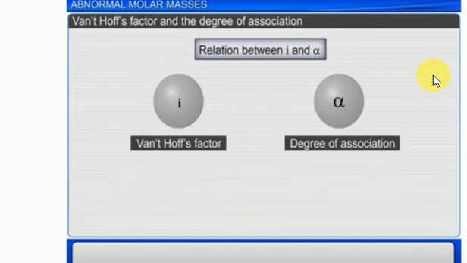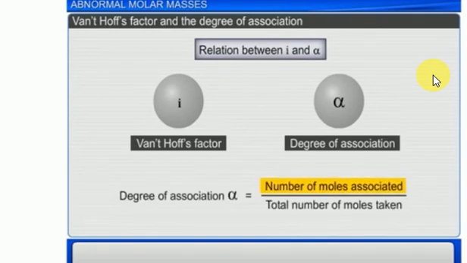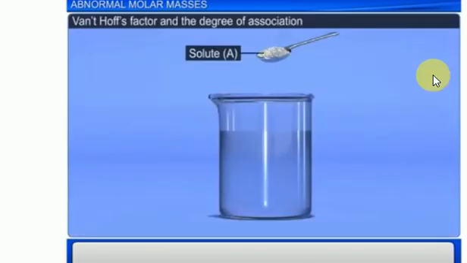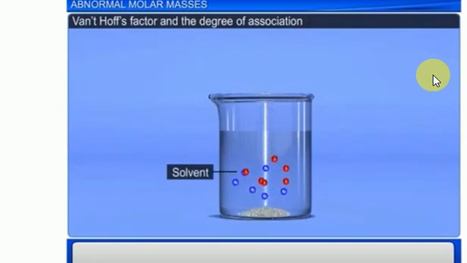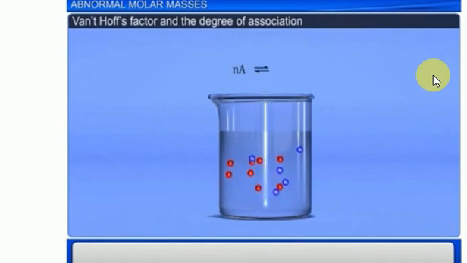That is, the number of moles associated divided by the total number of moles taken. Consider 1 mole of solute A dissolved in a given amount of solvent, and suppose that n molecules of A associate to form associated molecule An, and an equilibrium gets established between A and associated molecule An.